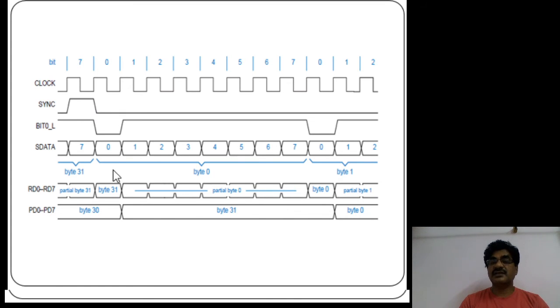It indicates that byte 0, that is time slot 0, starts. In each time slot you have 8 bits like this. You can observe 32 time slots, or 32 bytes of data can be received. So that is the waveform of the destination.